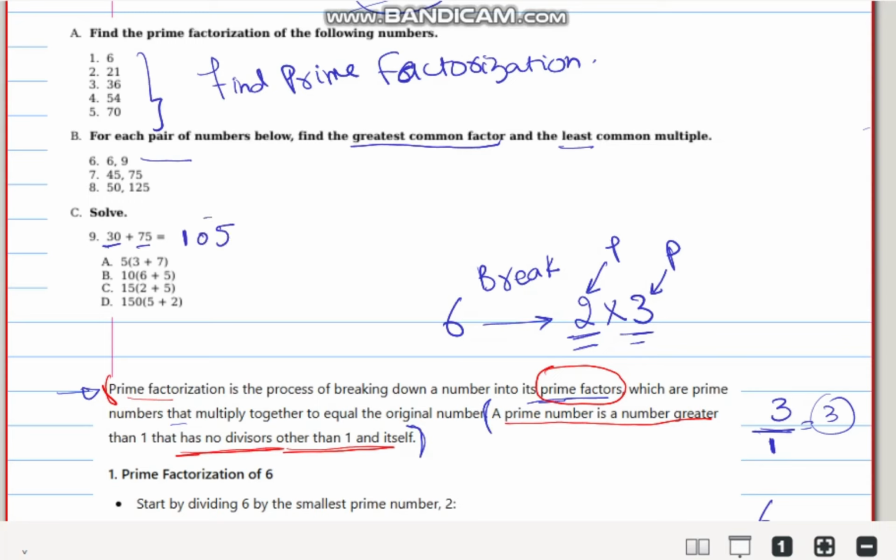So please note that we have 105, and what we have to do is simplify options A, B, C, D and check whether any one of them is equal to 105. This is a very important question, but it is very simple and you can do it easily.